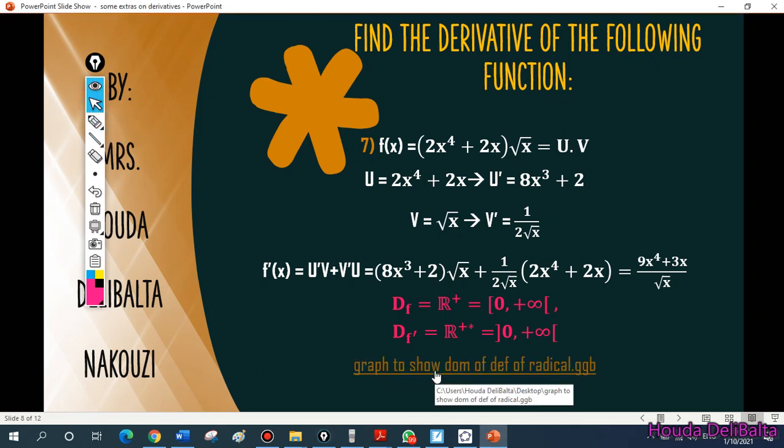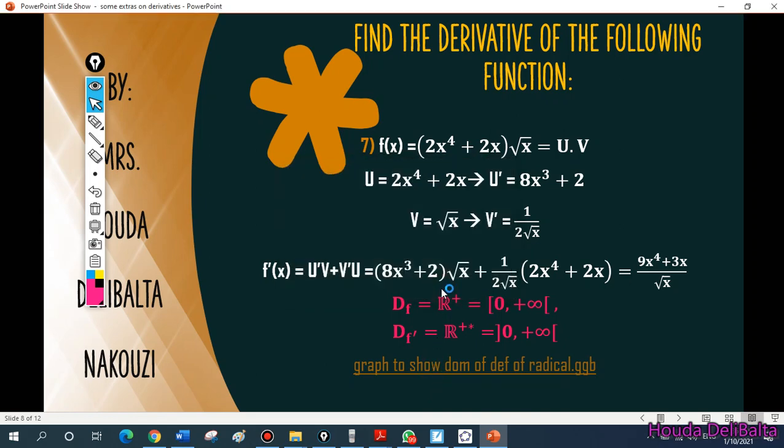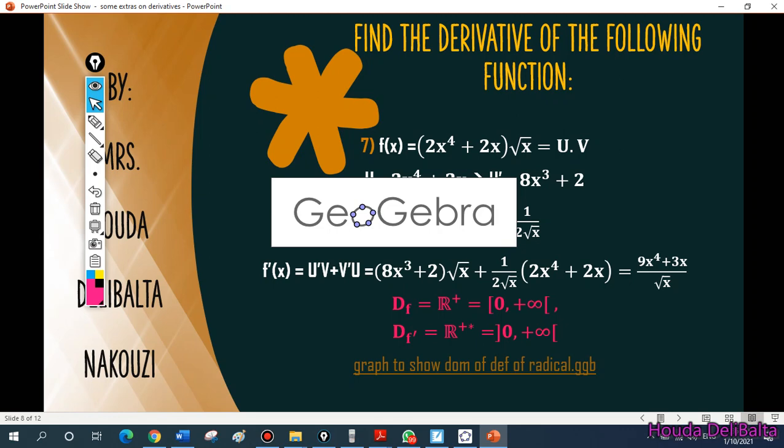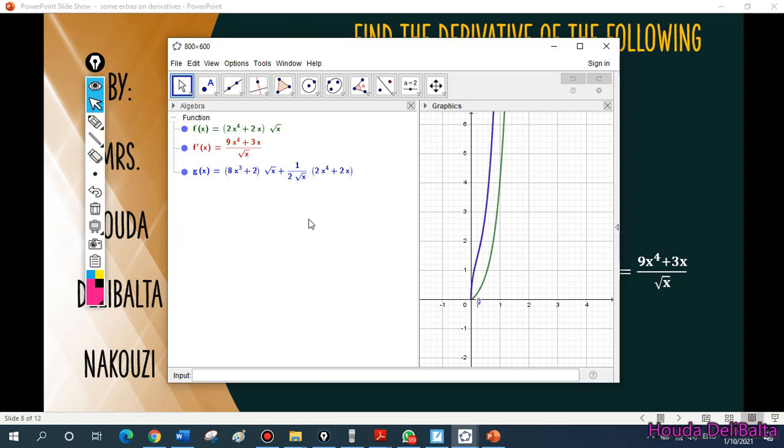And here is a link that takes us to GeoGebra to see the representation of these as curves of f and f prime. Let's go. Let's wait for GeoGebra to open, and we are going to see the graph of f of x and that of f prime of x.